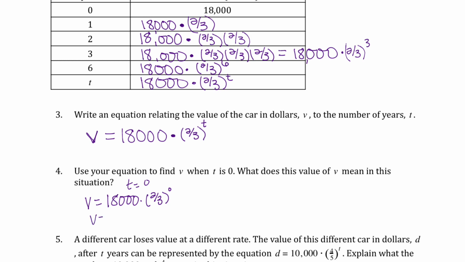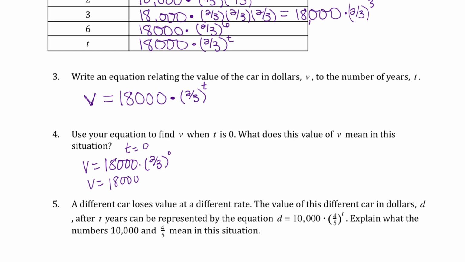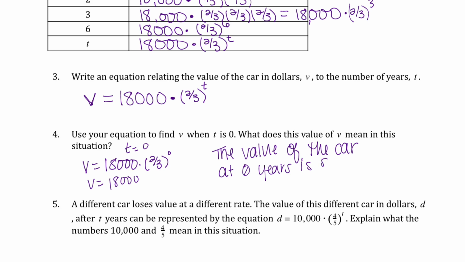So V equals 18,000 times 1, but we can take away that times 1 because anything times 1 is that number. So the value of the car at 0 years is $18,000. Okay? All right.